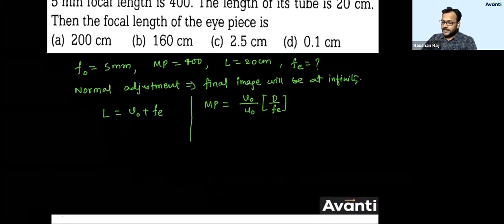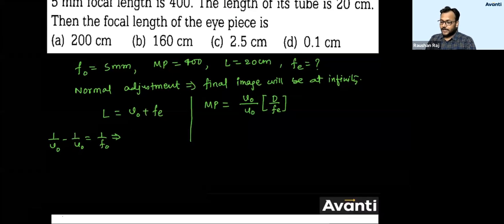तो if I write the lens formula here, 1 by V naught minus 1 by U naught is equal to 1 by F naught. If I multiply V naught on both the sides, and if I take the sign conventions, I will say this will be minus, so minus minus plus हो जाएगा ना. If I take the sign conventions with the distances, because I have to put the value in this equation, I have to take the convention. So if I do that, I will get V naught divided by V naught plus V naught divided by U naught will be equal to V naught divided by F naught.